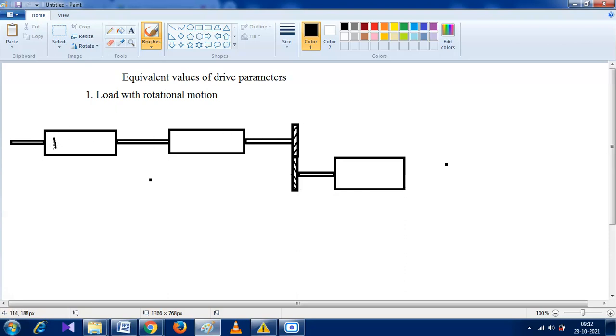This is the motor. This is the first load, whose load torque is TL0, and we are rotating with omega m.